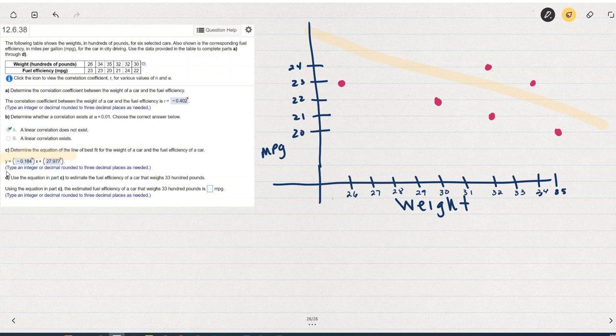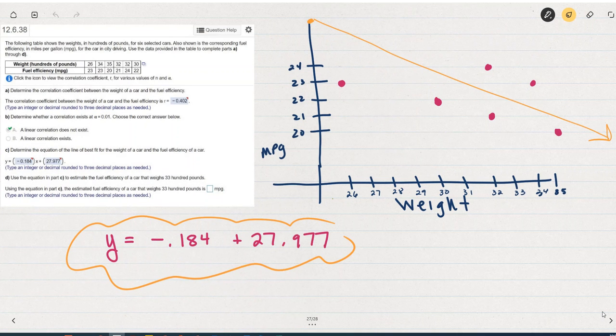We can see that it is in fact decreasing because the slope is going downward, and we can see that it does hit our y-intercept of about 27.97. So that line of best fit is a good estimate. That's the last piece of how we can connect the data in a scatter plot to its best fit line.